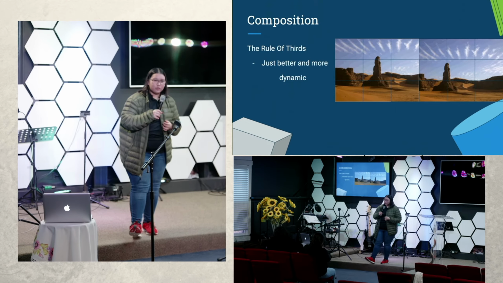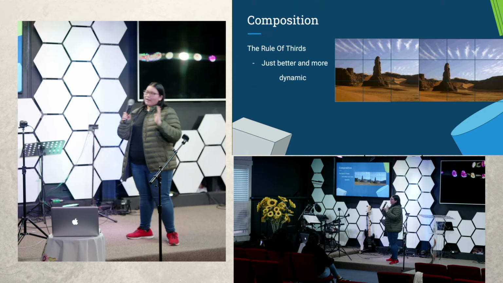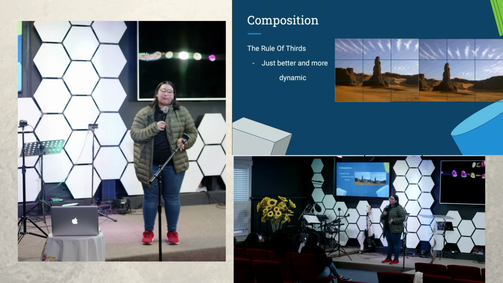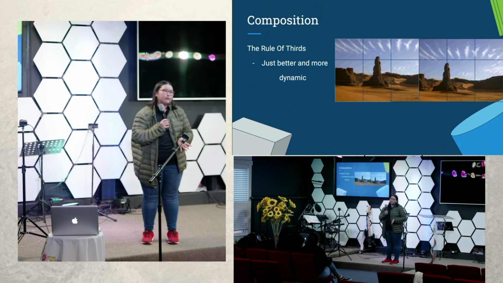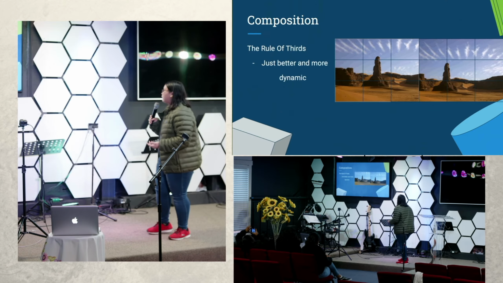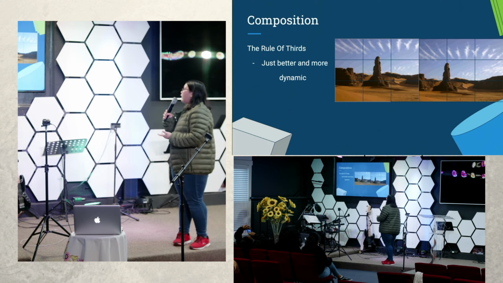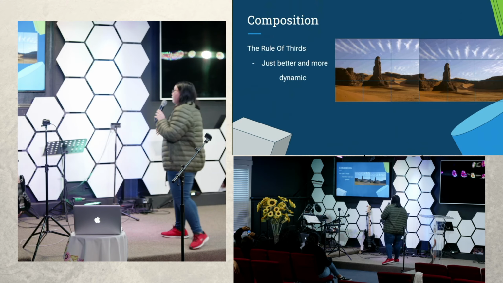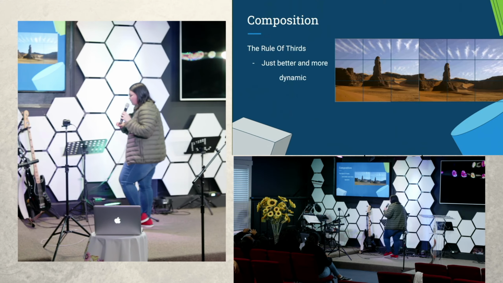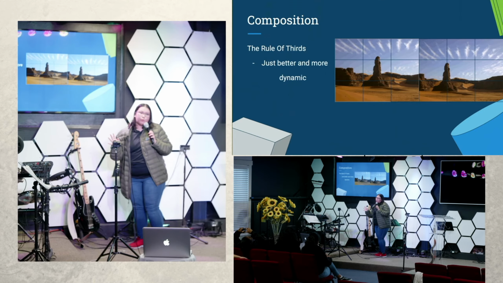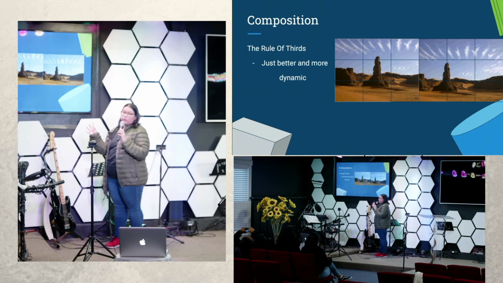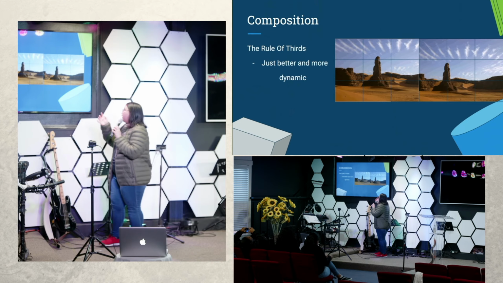The rule of thirds, right? You don't have to do this. It's just a thing about preference, because you might like the picture with the subject in the middle, or you might like the one where it's on the side. The rule of thirds is basically you put the subject of your picture in one of the corners.